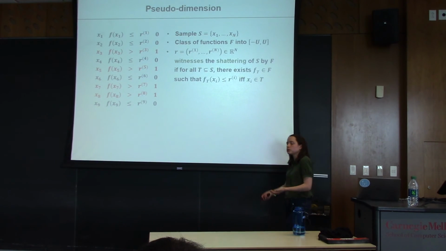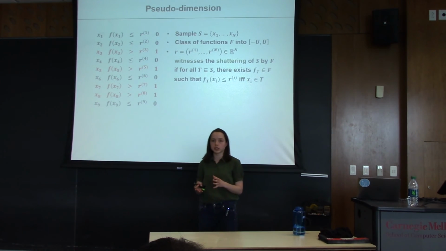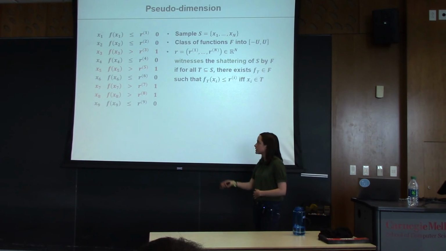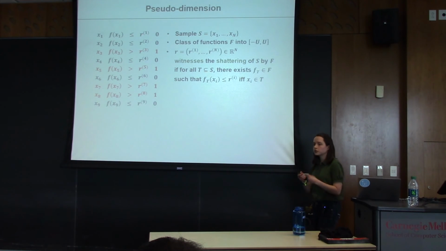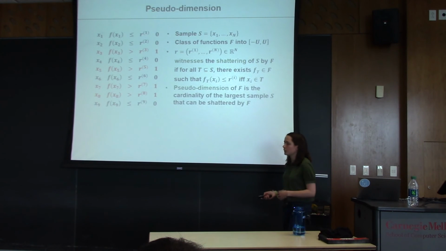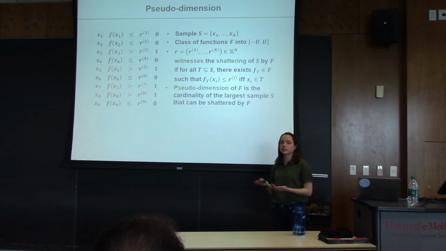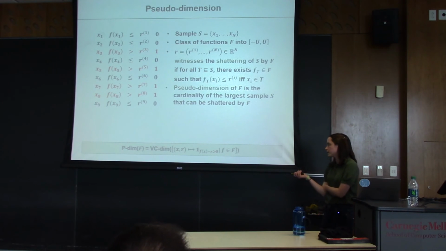And if you can give me 2 to the n functions in your class that label the sample in all 2 to the n possible ways using this fixed vector of thresholds, then we'll say again that F shatters S. Pseudo-dimension is the size of the largest sample that can be shattered by F. Here's an explicit connection between the pseudo-dimension of a class and the VC dimension of a similar class.